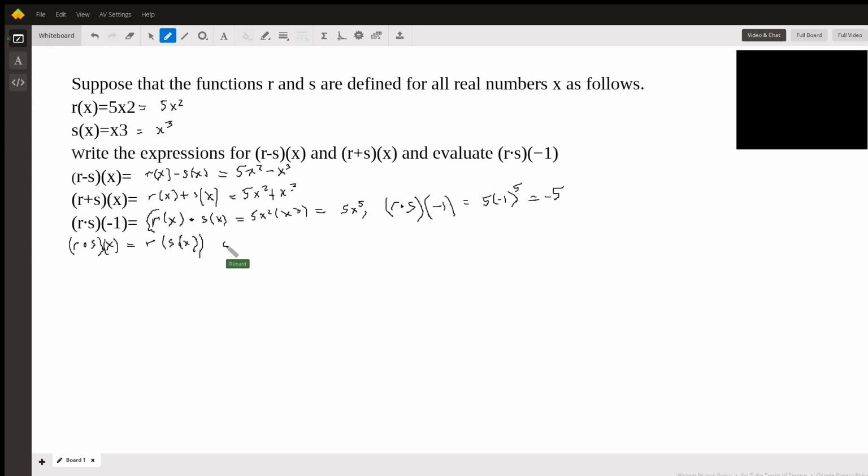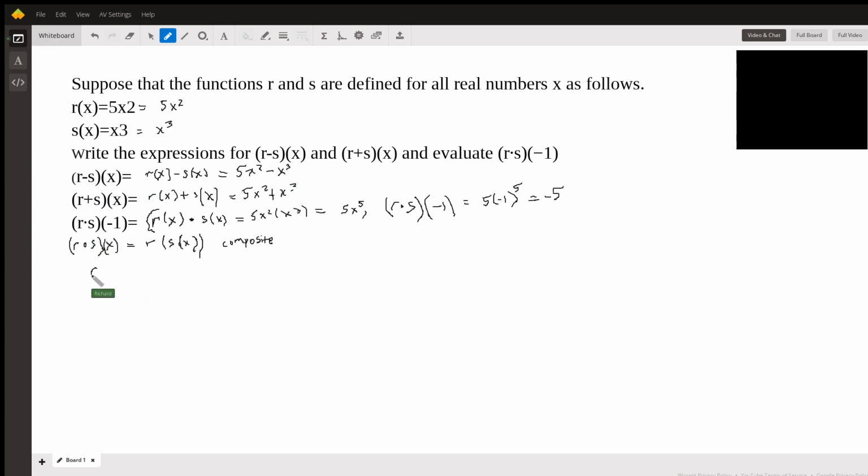This one down here is called a composite, so you're going to hear the teacher use a different word here. And composite functions can get kind of complicated depending on the level of algebra you're taking. But this is subtraction, this is addition, this is multiplication, this is composite. There's also a division.